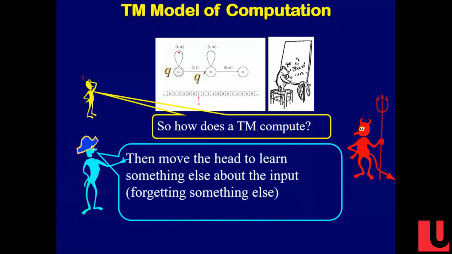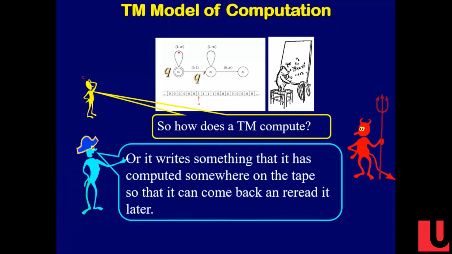Then I move ahead and I can learn something else. But if I read that into my memory, since my memory is fixed, I have to forget other things. You have to erase some of the board to write something else. But eventually you have something cool in your memory.